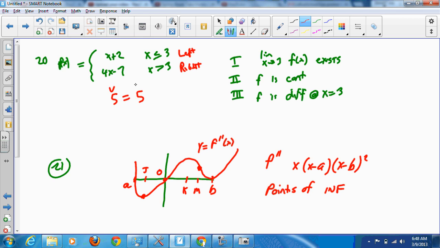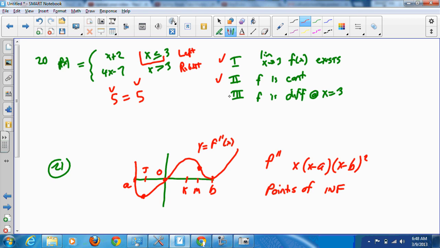So the limit does exist, and it is 5, just in case they ask you that. Is this function continuous? Well, it's defined at 3 on this one, right, because of the less than or equal to. So we can go ahead and say that it is continuous there, so that's true.